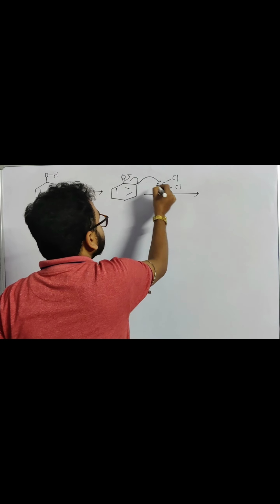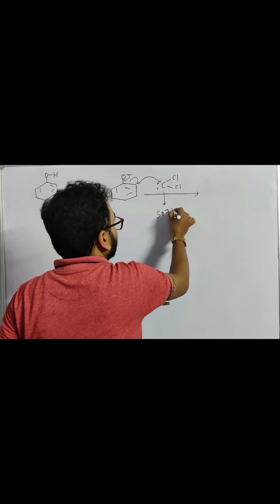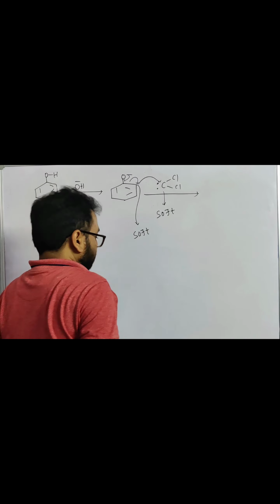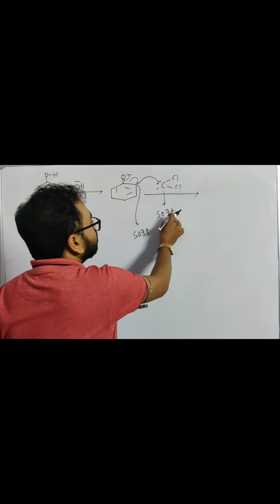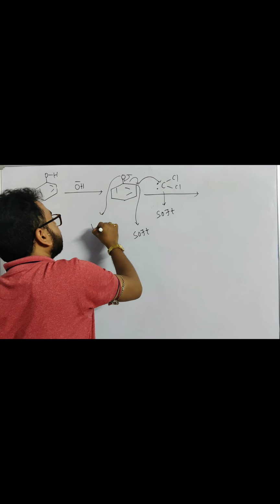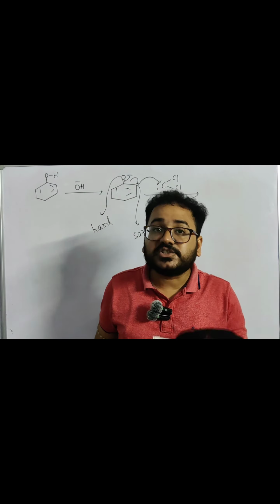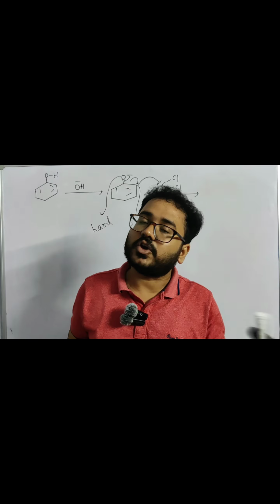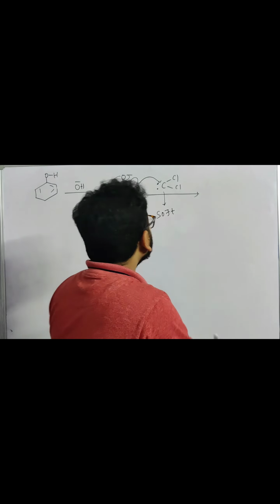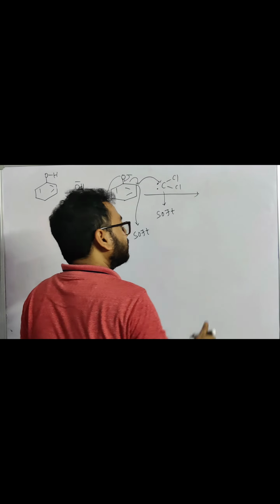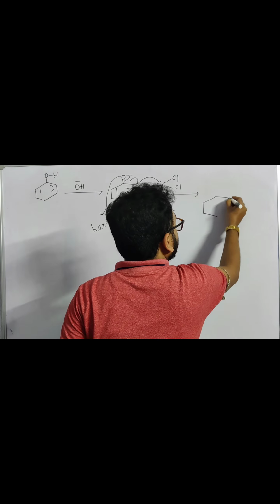Why, sir? This carbon is a soft center, and this position is also soft, while the oxygen center is hard. We know that soft-soft interaction is much more preferable over hard-soft interaction. That's why this carbon attacks the carbene carbon.